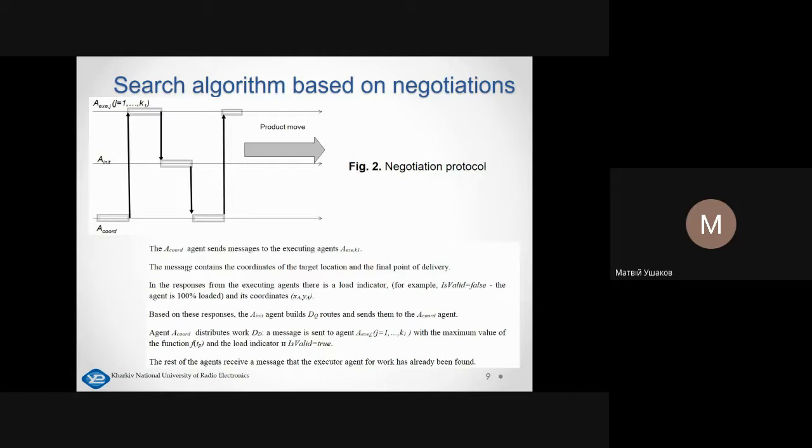So if one has the easiest path to the load, this robot will take the priority. They're going to negotiate with each other, and then the robot with the easiest path will be taken.